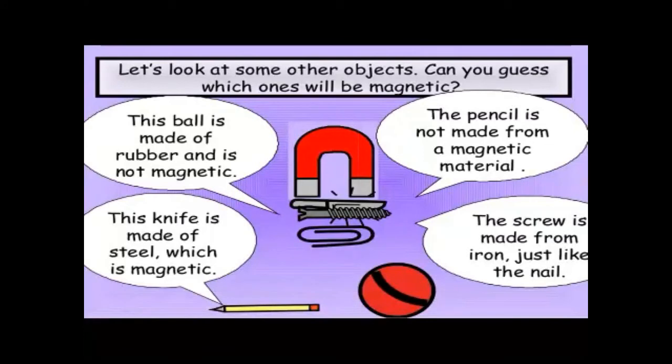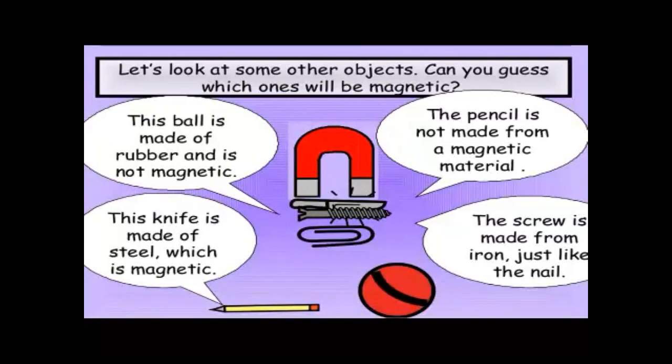What about this pencil? Okay, students, can it be attracted by a magnet or not? It cannot be attracted by a magnet because it is not made from metals. The pencil is not a magnetic material because it is not made from metals. So what about this paper clip? Can it be easily attracted by a magnet or not?